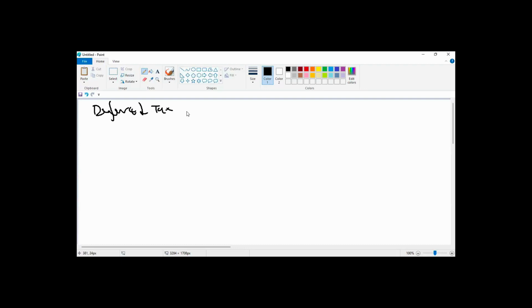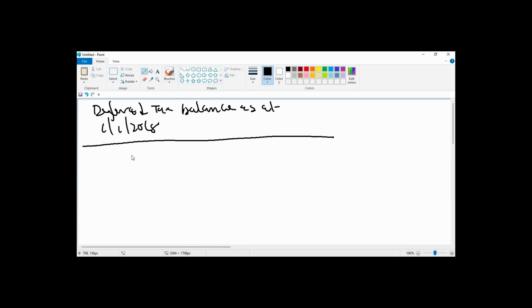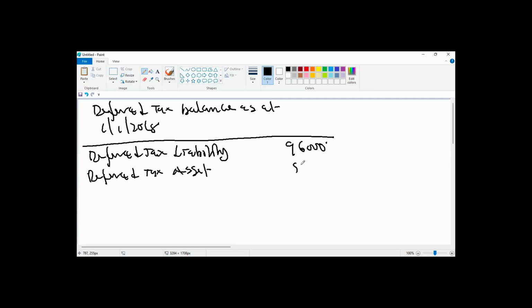Deferred tax balance as at 1st January 2018: he has a deferred tax liability of 96,000 and a deferred tax asset of 80,000.